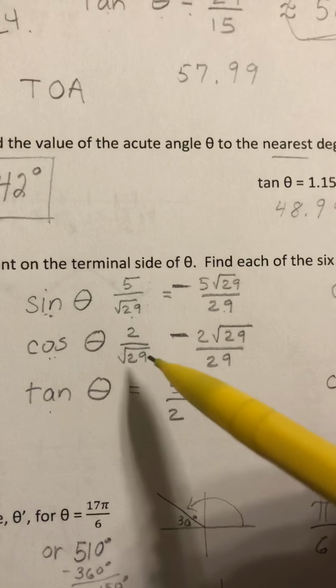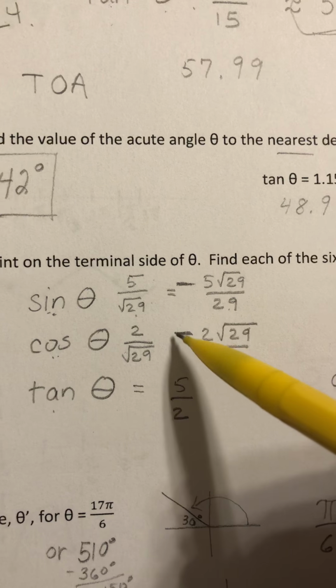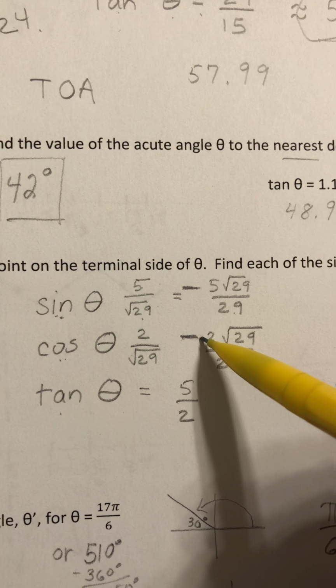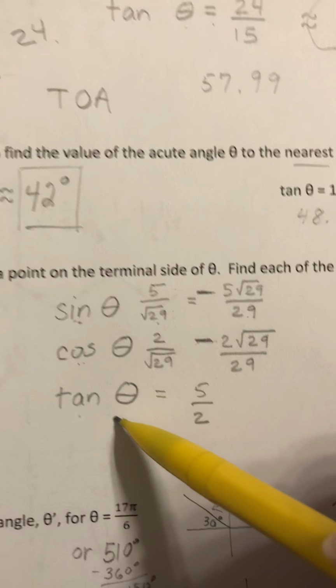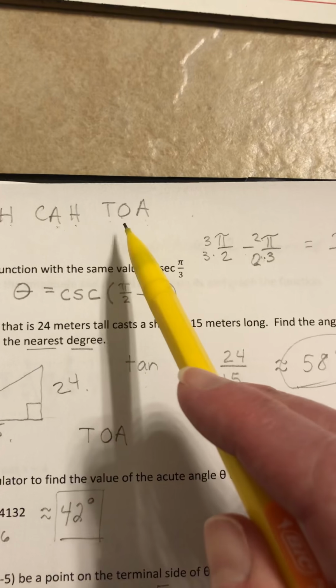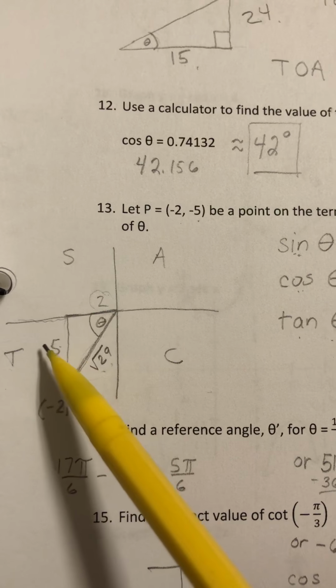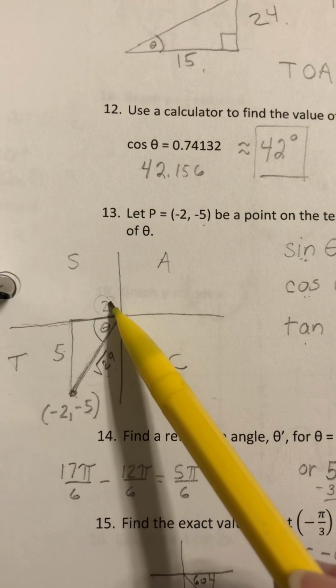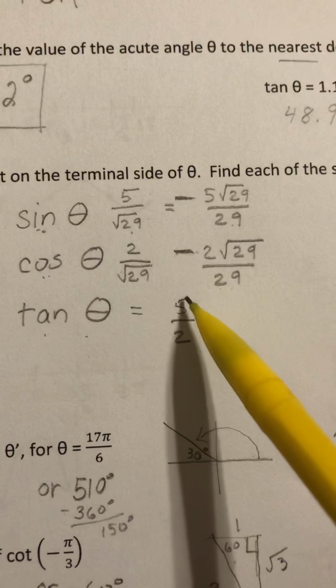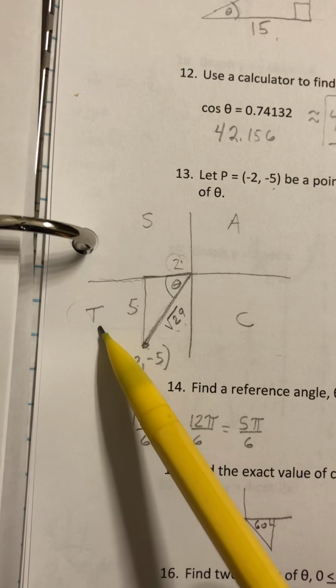And then I rationalize the denominator and I get this, and I remember that it's negative because it's in quadrant 3. Tangent is TOA, opposite over adjacent. So here's my opposite from my angle. Here's my adjacent. Opposite over adjacent, and it was positive because tangent is positive in quadrant 3.